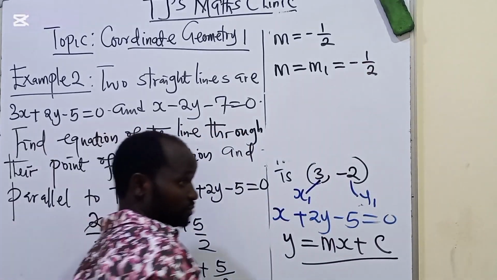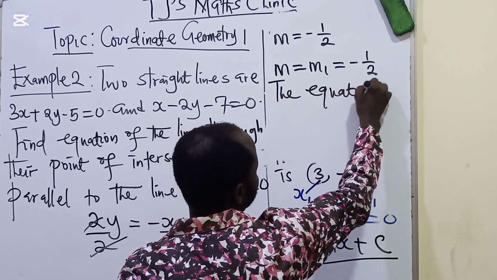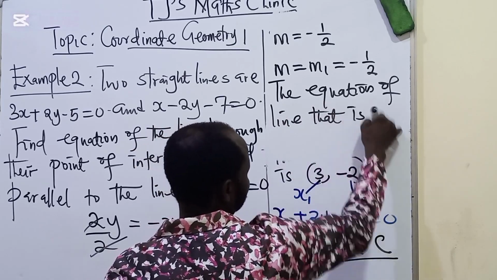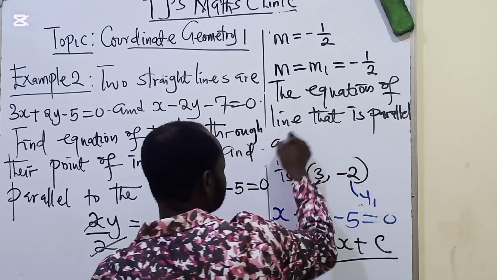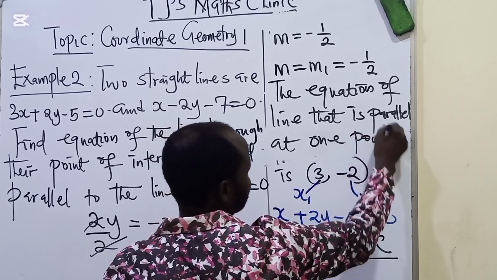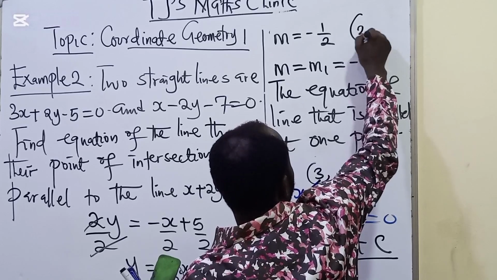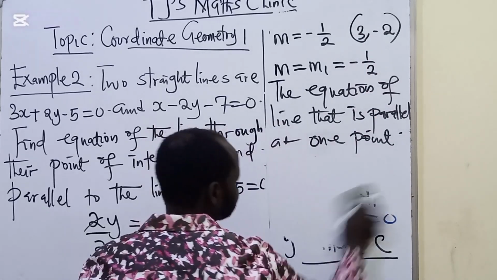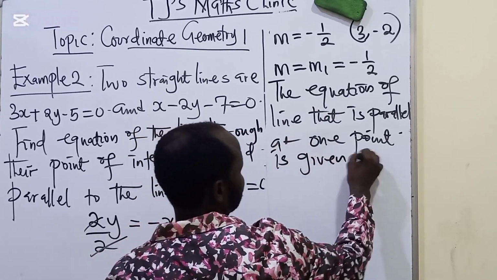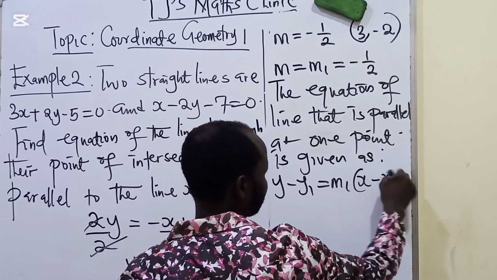The equation of a line that is parallel, at one point 3 comma minus 2, is given as y minus y1 equals m1 into x minus x1.